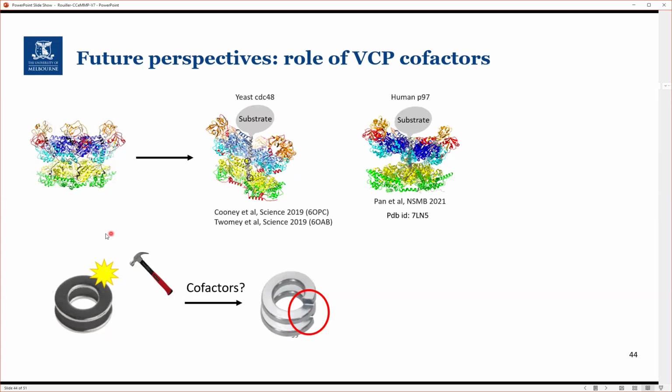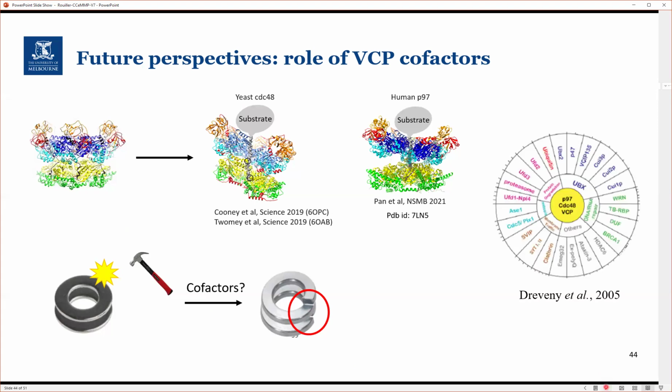So what we believe is that cofactors are very important for this change of conformation, for recruiting substrate to VCP, as well as for loading the substrate to the protein. And indeed, over 20 cofactors have been found to associate with VCP, and some of them are very specific for a specific function of VCP.